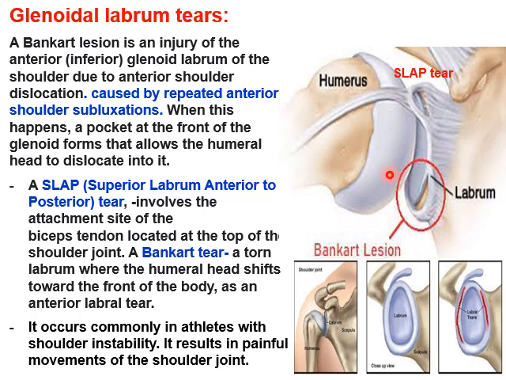So if there are frequent subluxations, that is slipping of the head of the humerus inferiorly, there is a pocket that is created within the labrum, where the labrum also becomes a little loose and lax, and with gradual repeated movements of abduction, the tear can happen, which is called Bankart's lesion.